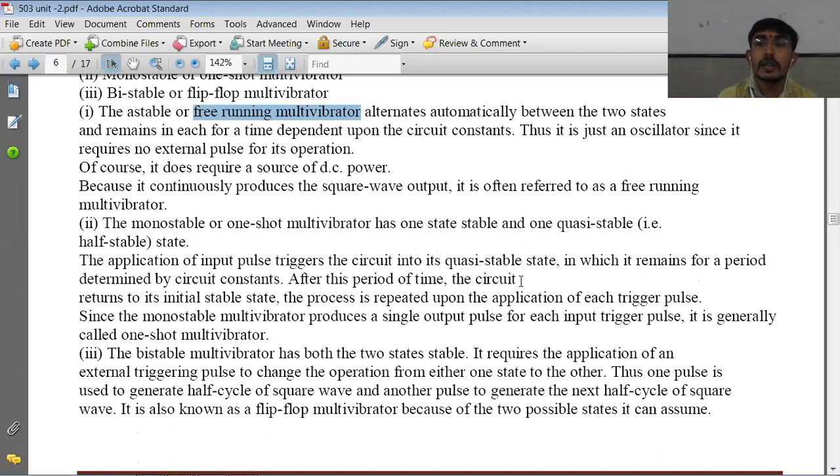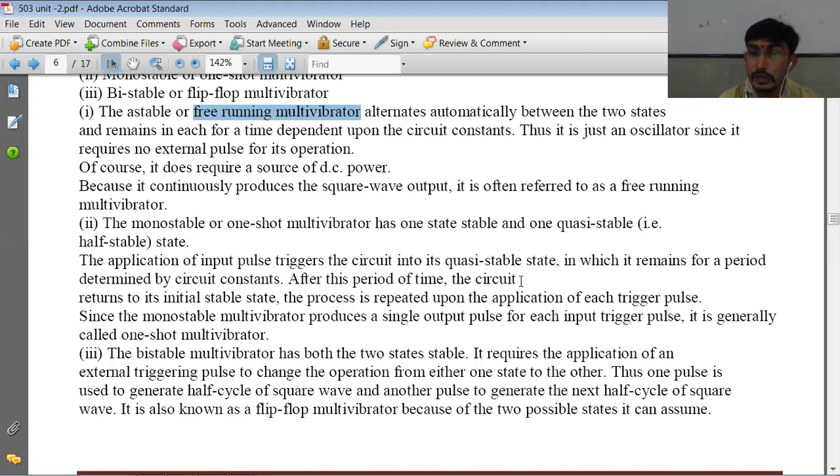The third type of multivibrator is the bistable multivibrator, in which both states are stable, and it requires an external triggering pulse to change the operation from one state to the other.